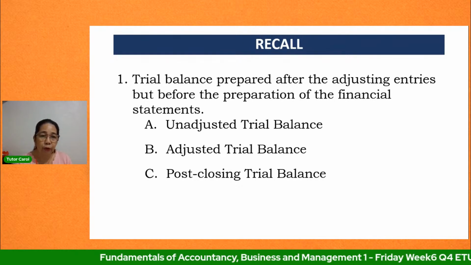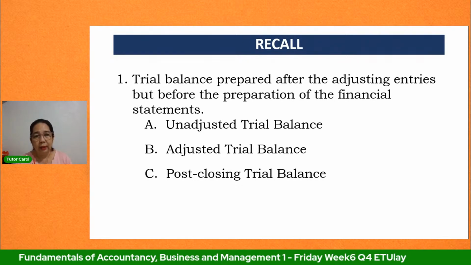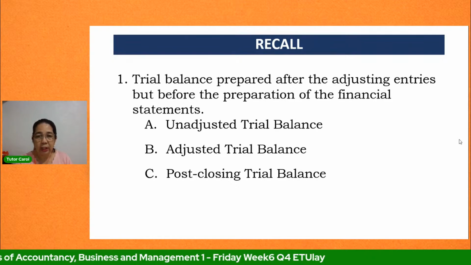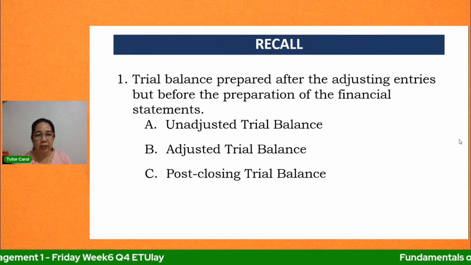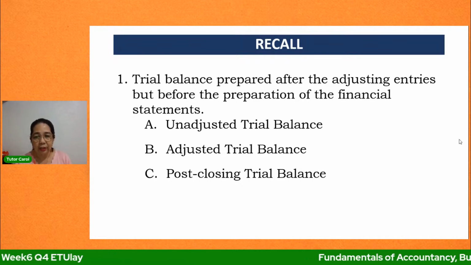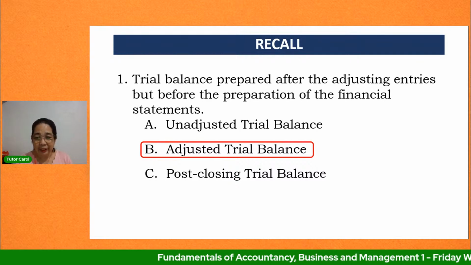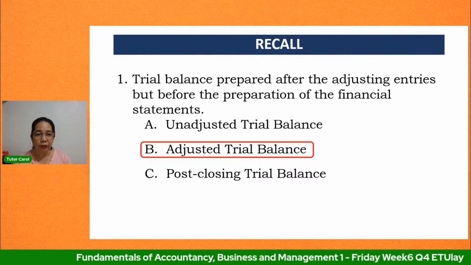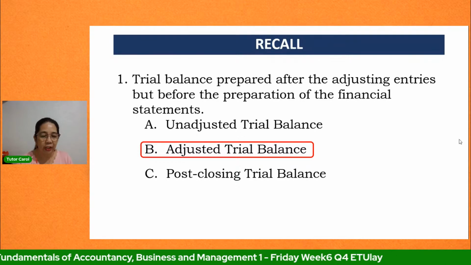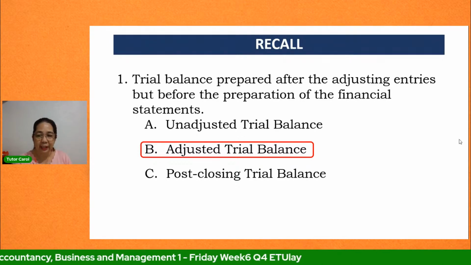What type of trial balance is that? Prepared after the adjusting entries, but before the preparation of the financial statements. Okay, let us reveal the answer. Yes, it's B. Correct. Si Josh ulit, correct. Adjusted trial balance. Okay, next please.